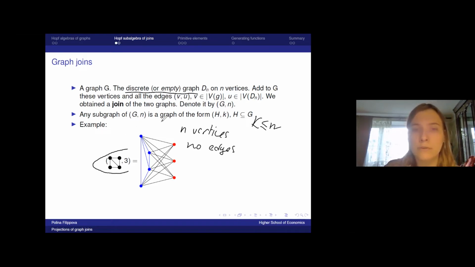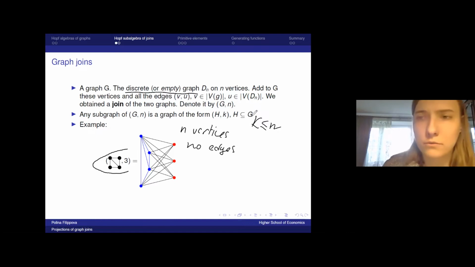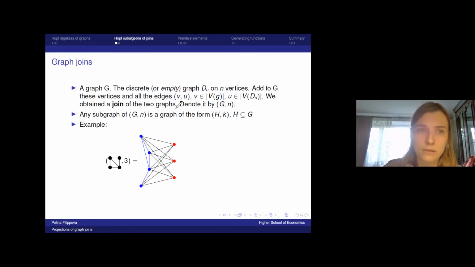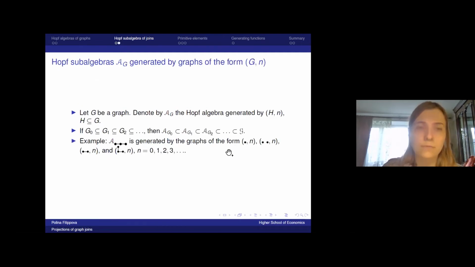So any subgraph has the form H join k, where H is a subgraph, maybe G itself, and k is less than or equal to n. Next, it follows from that all such graphs generate a Hopf algebra.